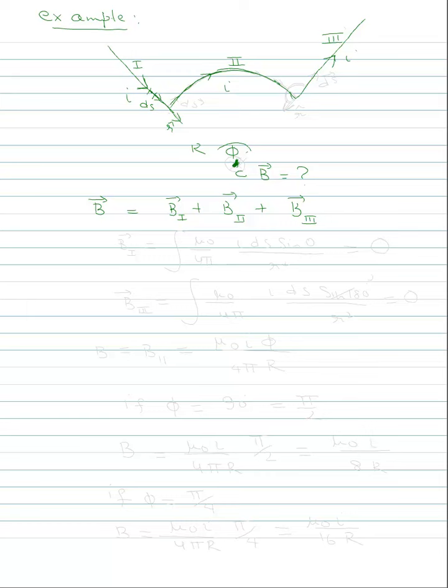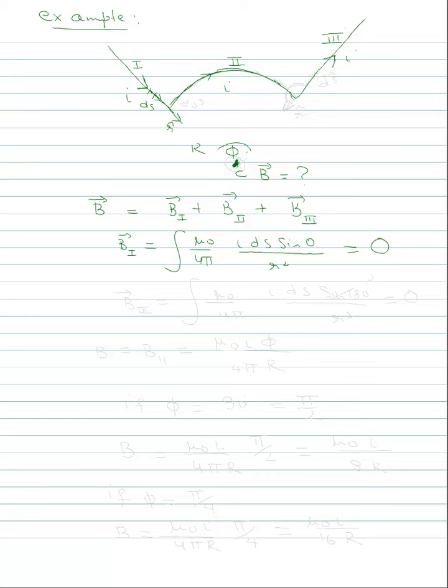So if ds and r hat are in the same direction, I hope that you can see that B1 will be 0, because that's going to be the integral of mu 0 over 4 pi, I ds times sine 0, divided by some r squared, but sine 0 is 0. So this thing is obviously going to give us a 0.